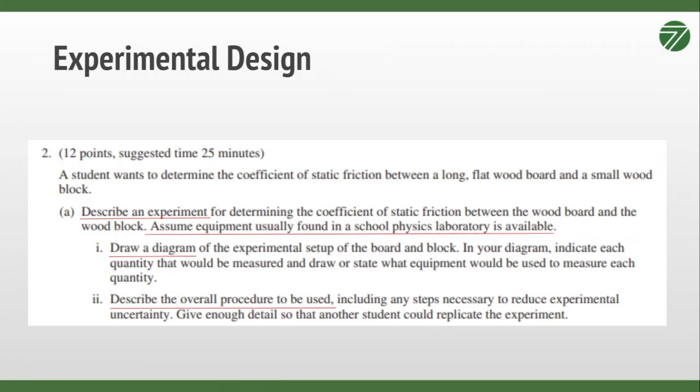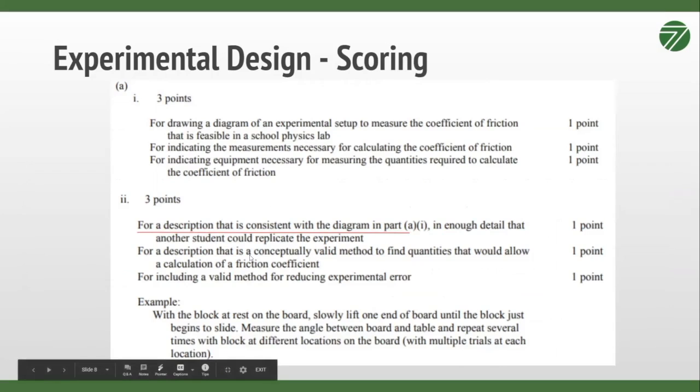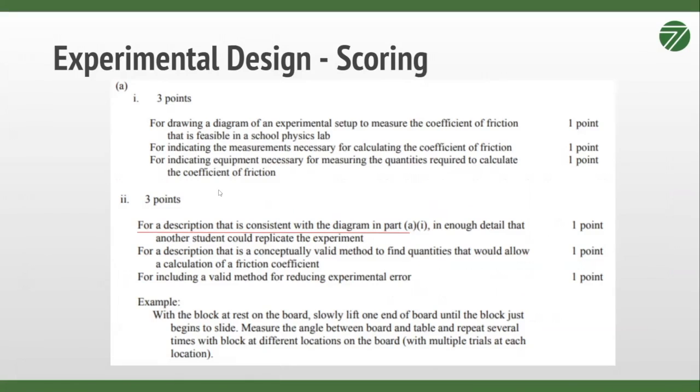So then again, I want to look at the grading rubric for this, just so you can see kind of how they score these. So for A, so A was, well, this is all A, but A part point 1 was drawing the diagram. Okay, so for a diagram of an experimental setup to measure the coefficient of friction that is feasible in a school physics lab.